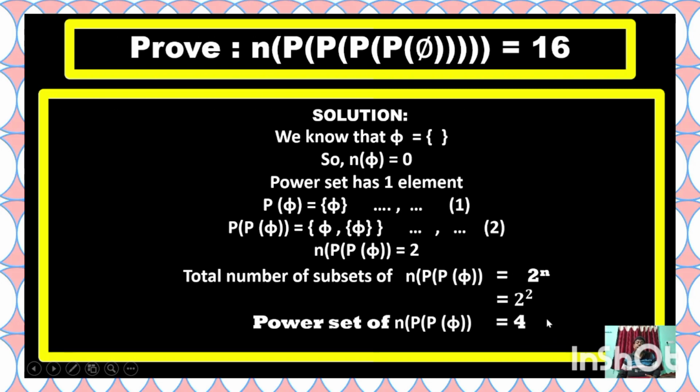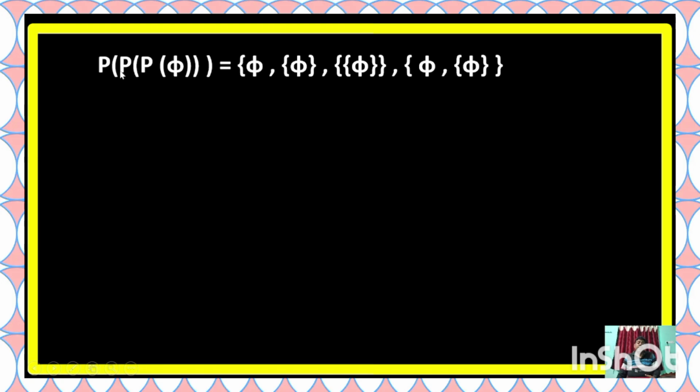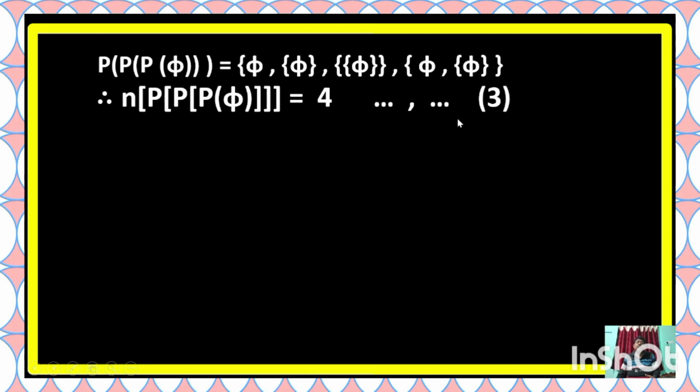Right? Understand? So, look here. Again, the power set. If you write the power set of the power set, P of phi, what are the elements? 4 elements are there, and hence the cardinality is 4.